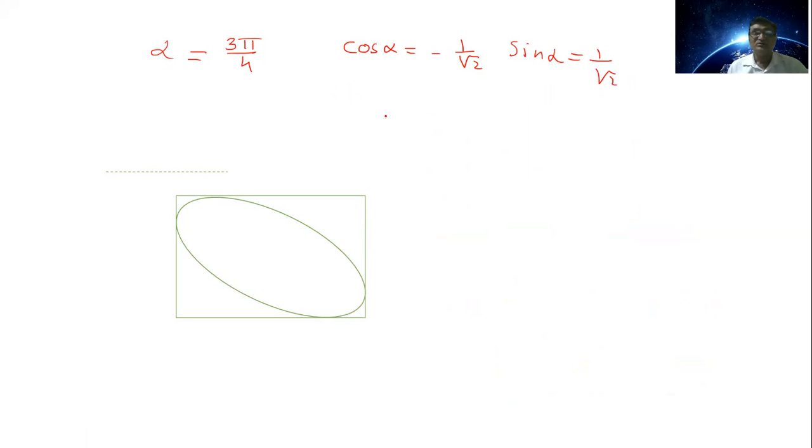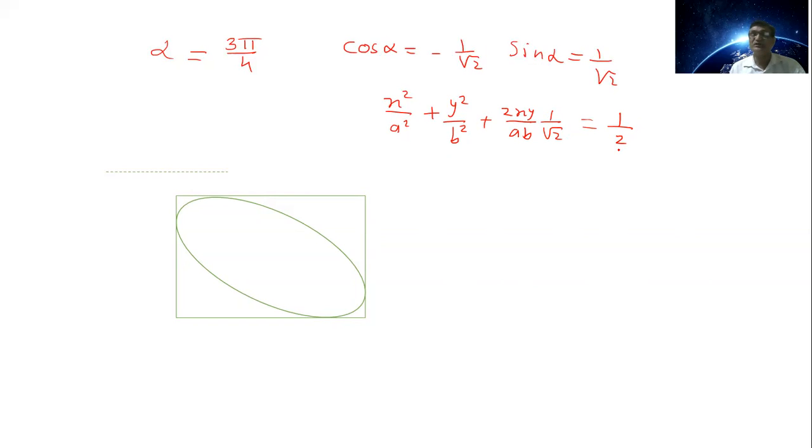And therefore, in this case, our equation should become x square upon a square plus y square upon b square minus 2xy upon ab cos 3 pi by 4, that is minus 1 upon root 2. That minus minus becomes plus here, and we write here 1 upon root 2. And that is equal to 1 by 2 here.